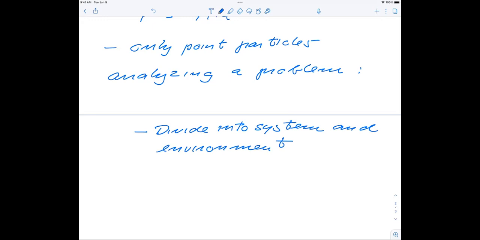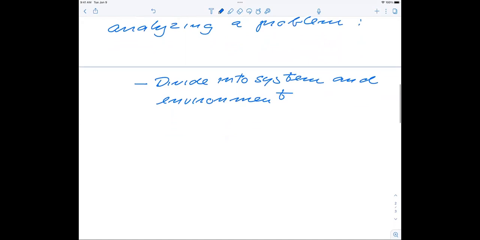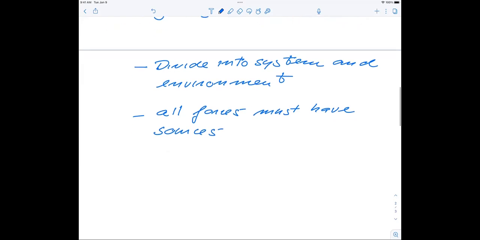So we are coming back to that. And we assume also that all forces must have a source. So these are some basic assumptions which we are going to make when we make a model for the type of physical system which is at play here. So they must have a source when they act on the system.